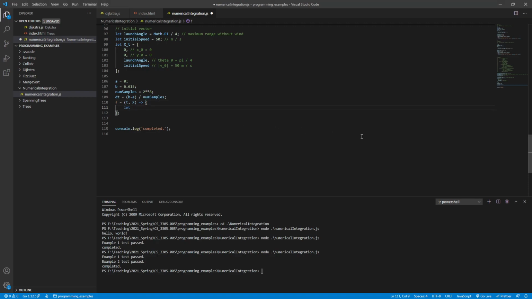Within that function, we pull out the values and relabel them so we remember what we're dealing with. In this position, we're dealing with theta at x2. In this position, we're dealing with speed at x3.